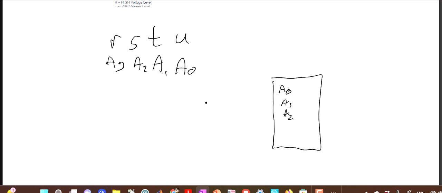These outputs would be labeled 0, 1, 2, 3, 4, 5, 6, 7, but we want them to correspond to 8, 9, 10, 11, 12, 13, 14, 15.